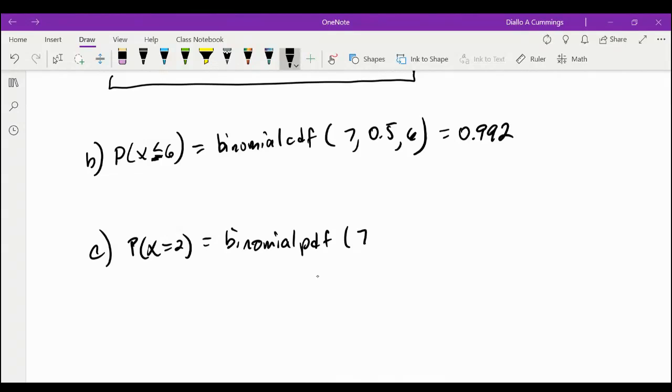I'm going to put in n, which is 7, 0.5, which is the probability of success, and we want exactly 2 flights on time. So I'm going to go back into distribution, find binomial PDF, put in 7, 0.5, 2, and we have 0.164.